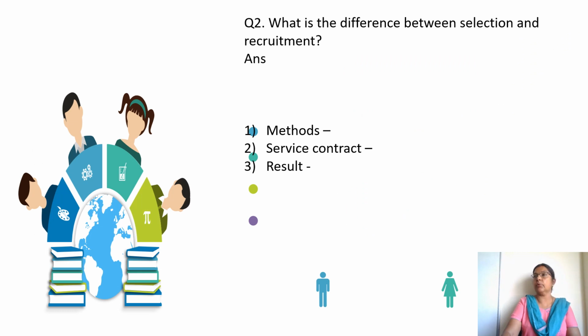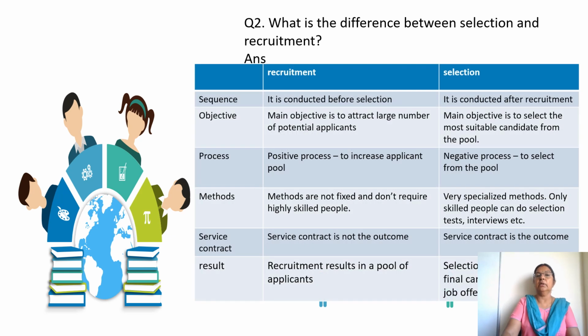Next question is, what is the difference between selection and recruitment? So we will see how to distinguish between selection and recruitment. Both these processes happen in a sequence. Recruitment happens first and selection happens second.